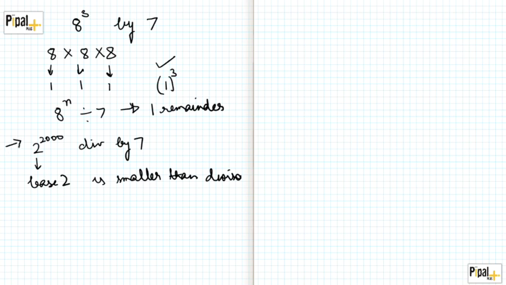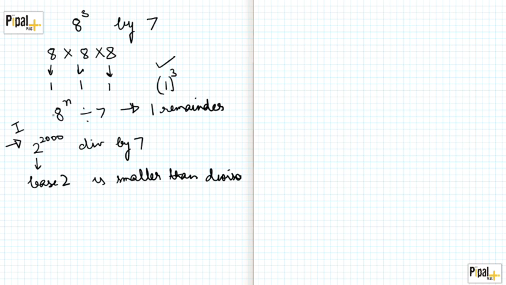Let me say that this is the first special case, where the base whose power gives me the final number that must be divided by the divisor is much smaller than the divisor.